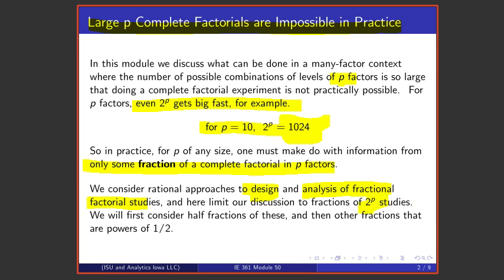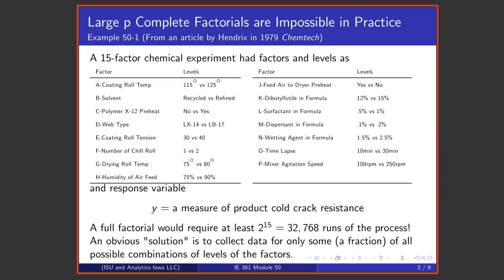That's all we really have time to do in this fairly quick introduction to statistical experimental design. We're going to begin with so-called half fractions, and that means that instead of considering all 2 to the p possible combinations of 2 levels of each of p factors, we're going to consider only 2 to the p minus 1 combinations.